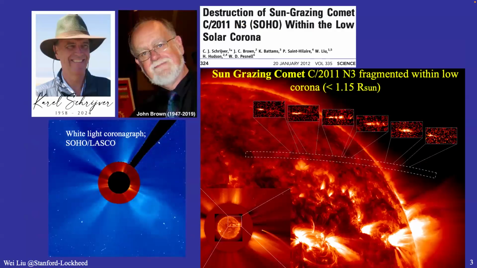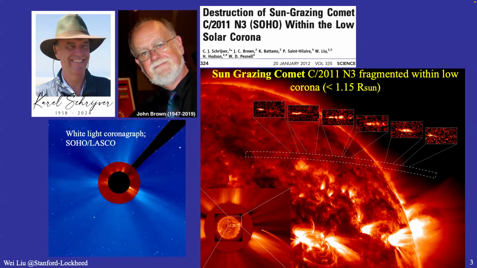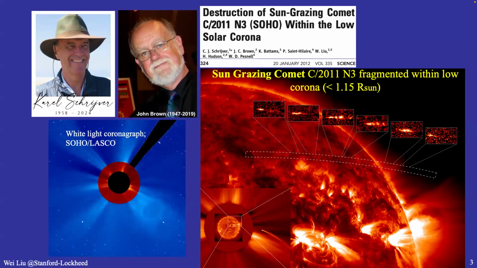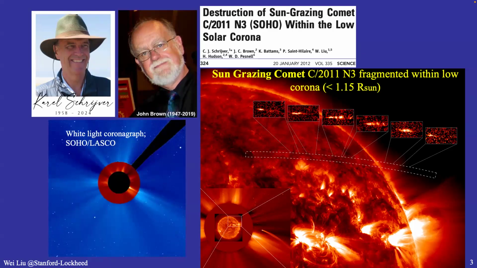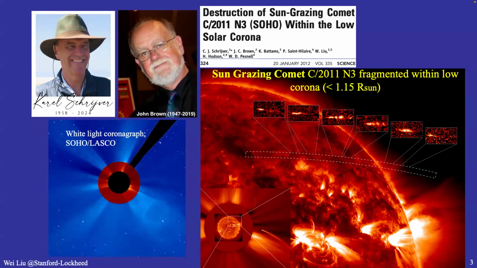Our understanding of sun-grazing comets would not be the same without the groundbreaking discoveries led by two of our colleagues, Karel Schrijver and John Brown, who are known for great science in other areas of solar and heliophysics, but both were very passionate about comets, and myself included.